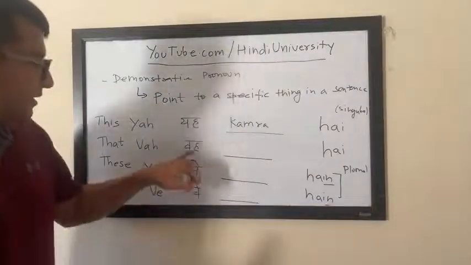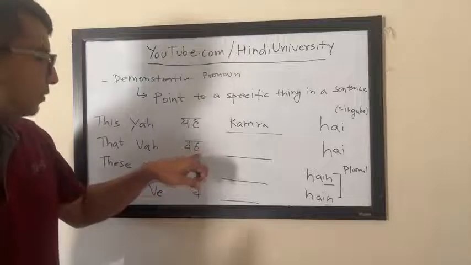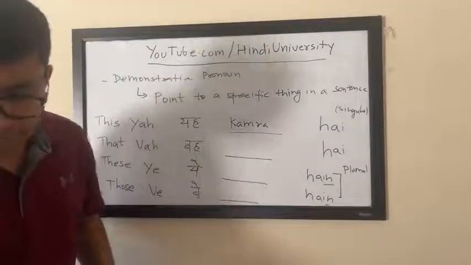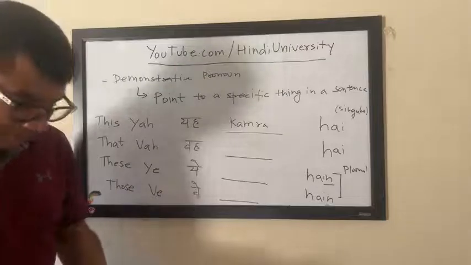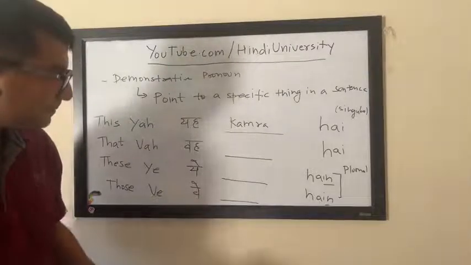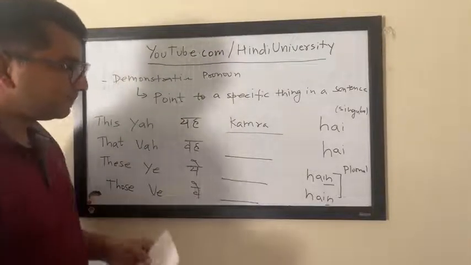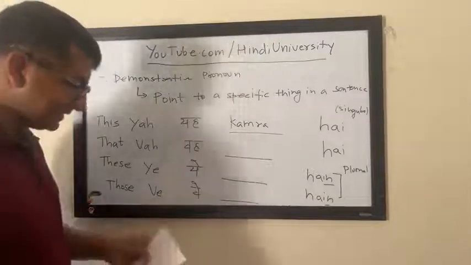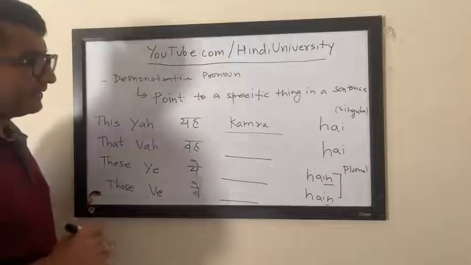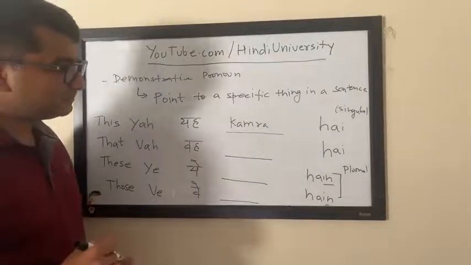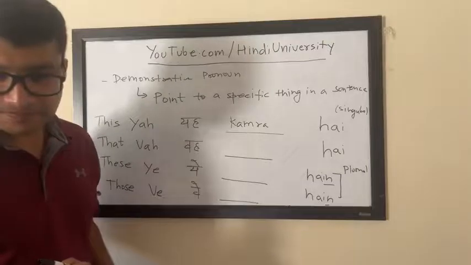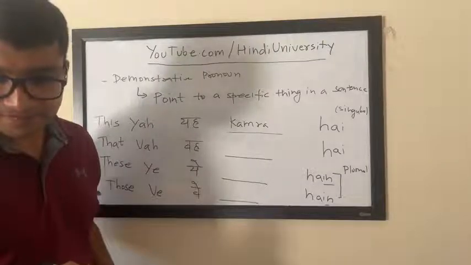Okay, so done. Can you tell me one sentence using this template, vah hai? Unmute yourself. Take any noun. There has to be a thing, right?